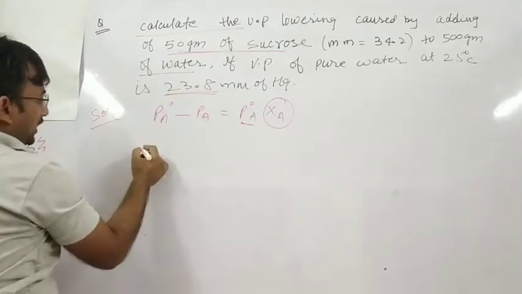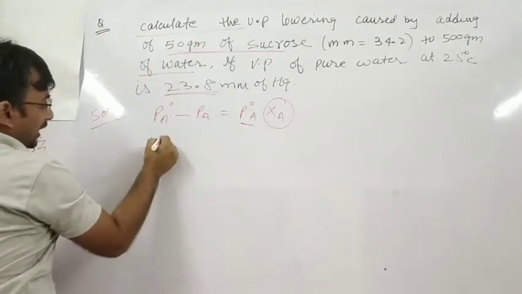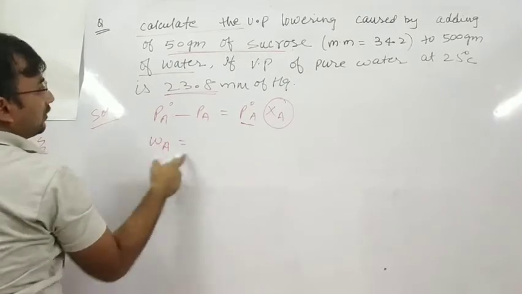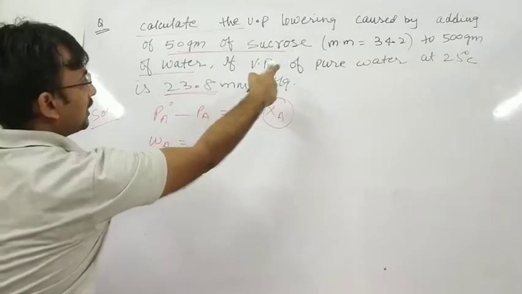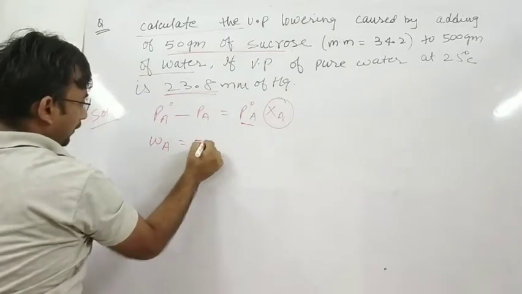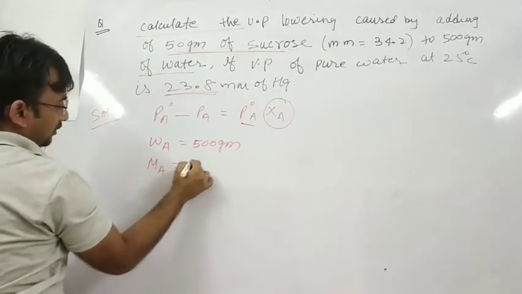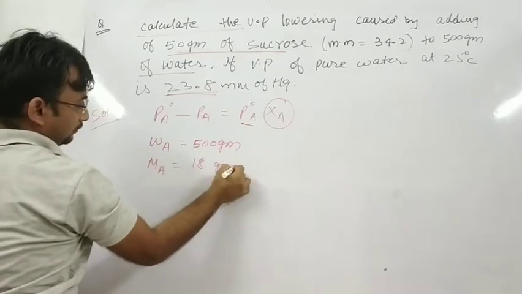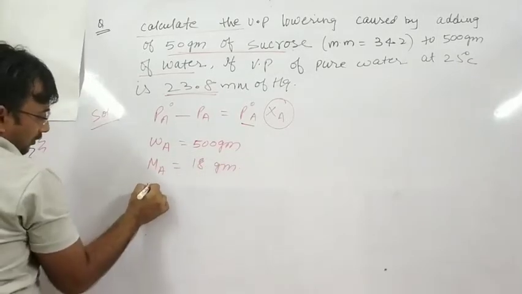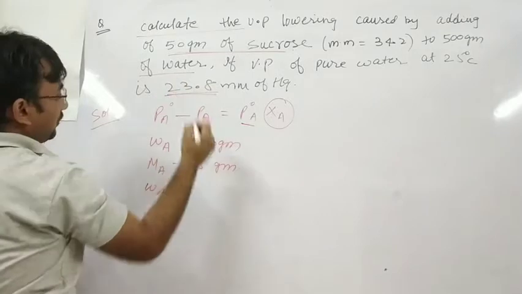So from this given data we can write, weight of A, that means solvent, is given 500 gram. Molecular weight of solvent, water, 18 gram. Weight of solute is given 50 gram.